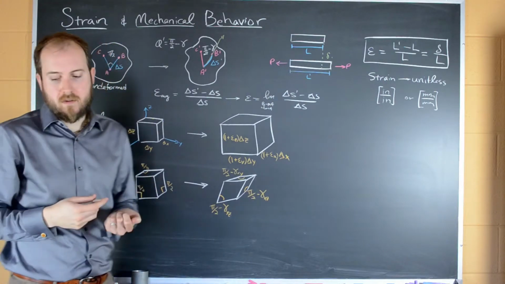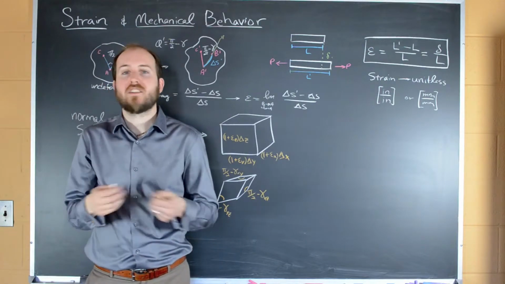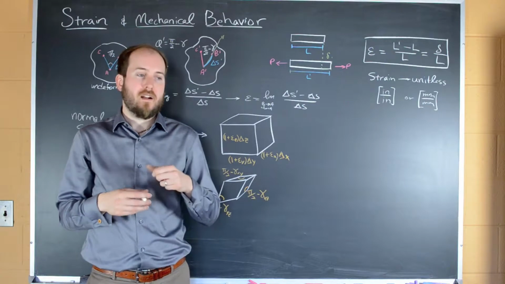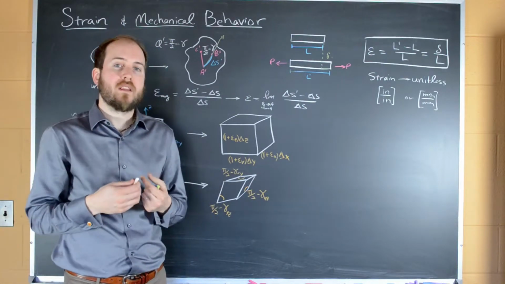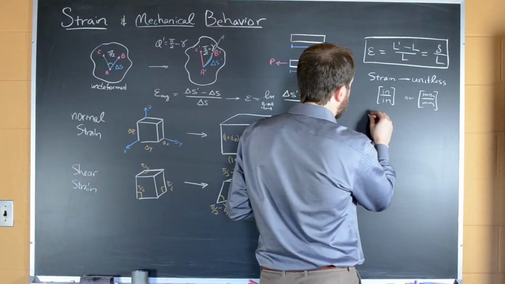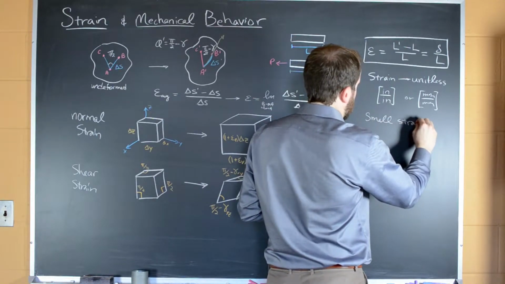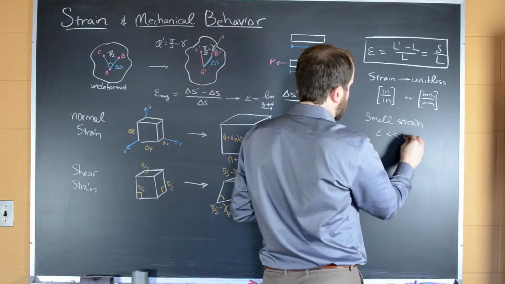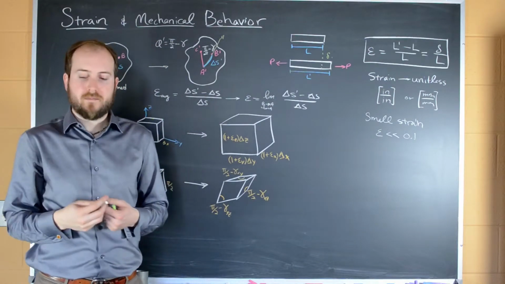The second thing we want to note is that for all the materials that we're going to be dealing with in this course, engineering materials, structural steel, concrete, thermoplastics, all these types of materials, we're going to be concerned with small amounts of strain. And so what that means is we have small strain, so that our strain is usually much less than 0.1.